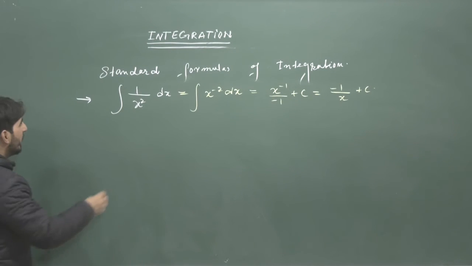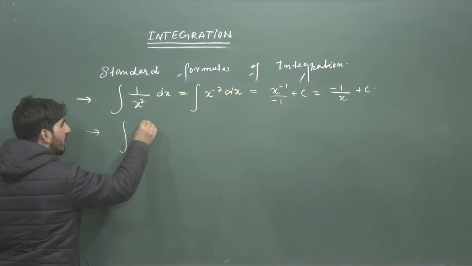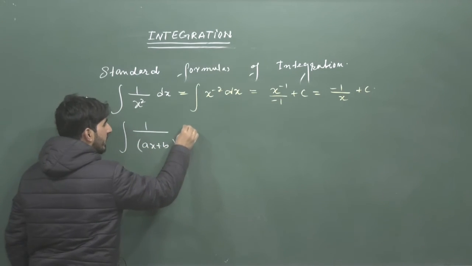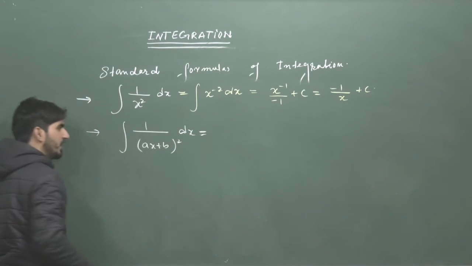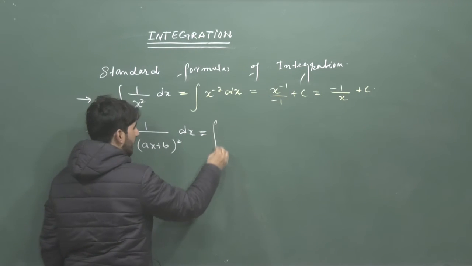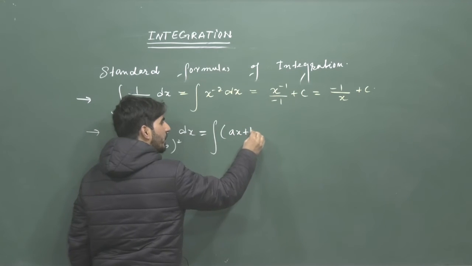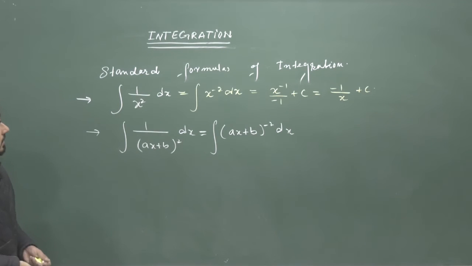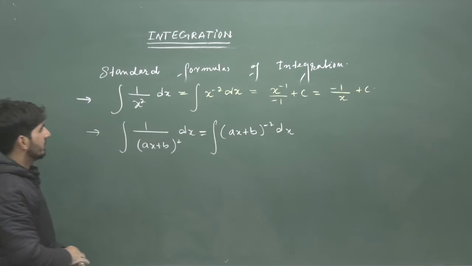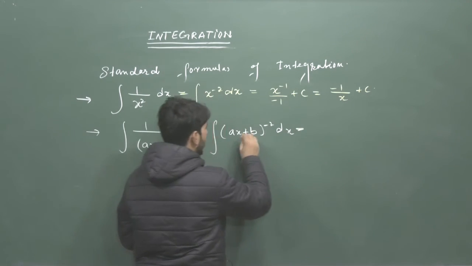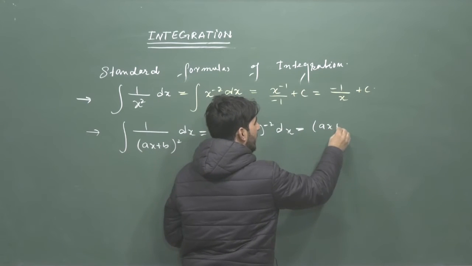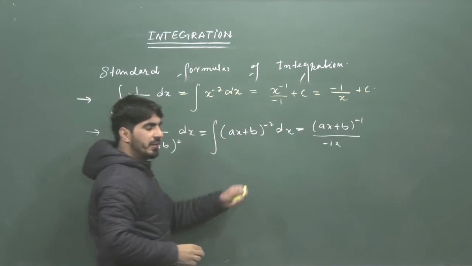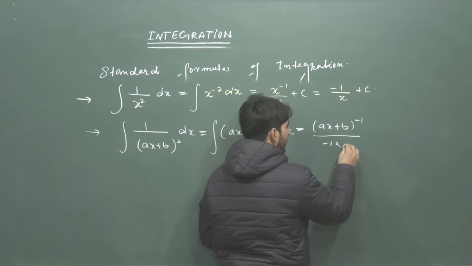Now if we integrate this function, integration of 1 divided by ax plus b whole square, rewrite this equation in this form, integration of ax plus b power minus 2 dx, and use the second formula, that is this is equal to ax plus b power minus 1 divided by minus 1 into internal differentiation of ax plus b, which is a.